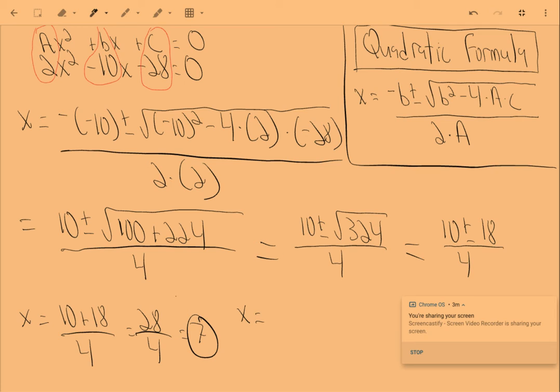And then for our second solution, we'll do 10 minus 18 divided by 4. So that will be negative 8 divided by 4, which is, of course, negative 2. So our solutions are x equals 7 and x equals negative 2.